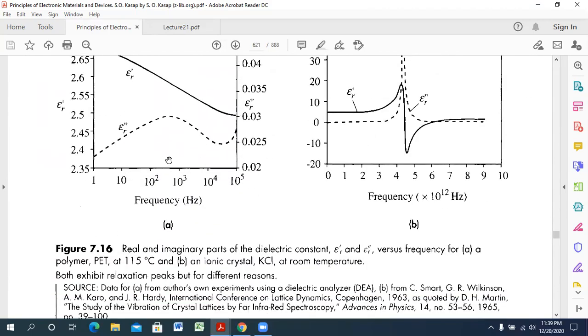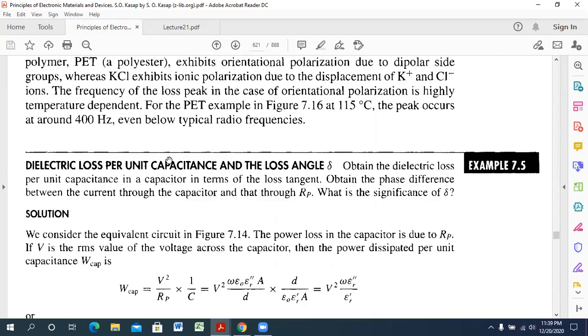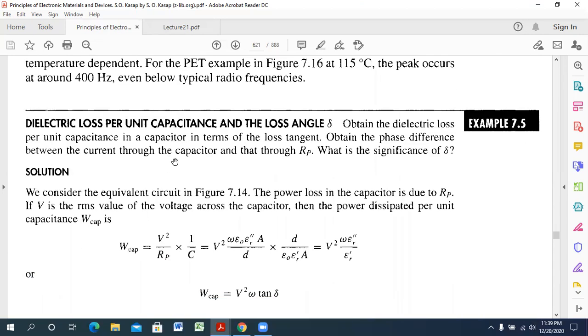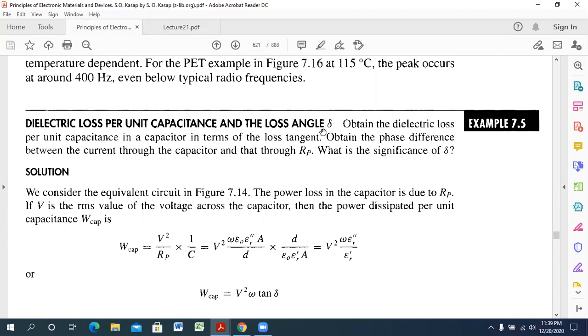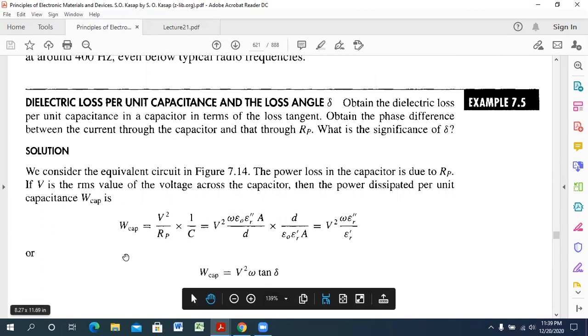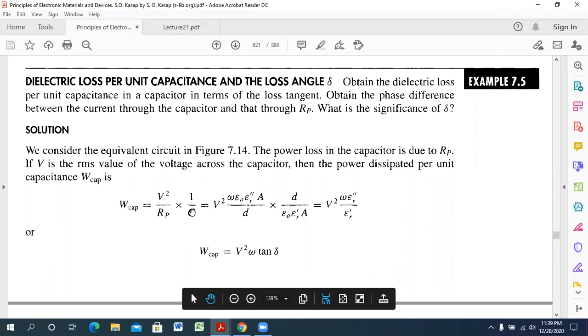Now here you will learn another mathematical problem. That one is the energy of the capacitor. In example number 7.5, you will learn the dielectric losses per unit capacitance and the loss angle delta. So W equals the dielectric losses per capacitance.